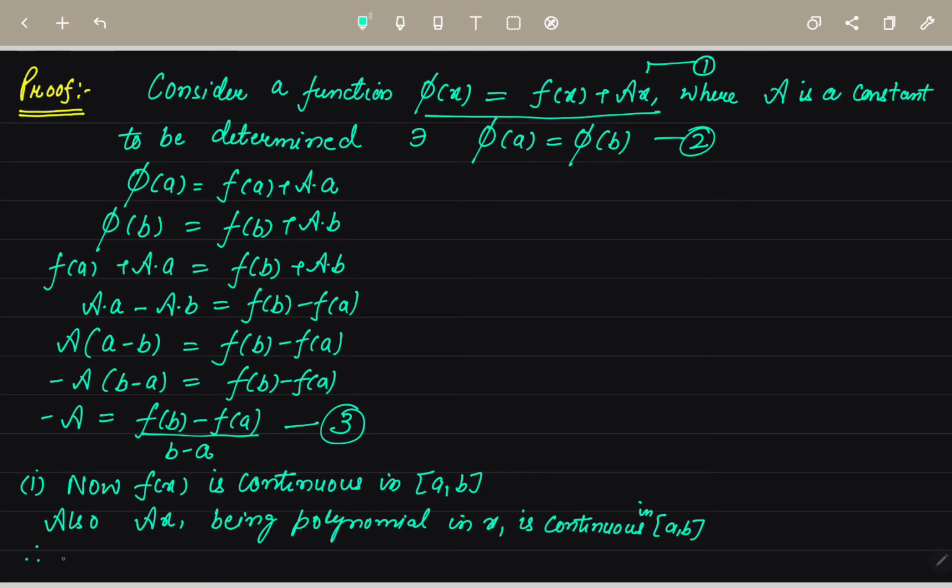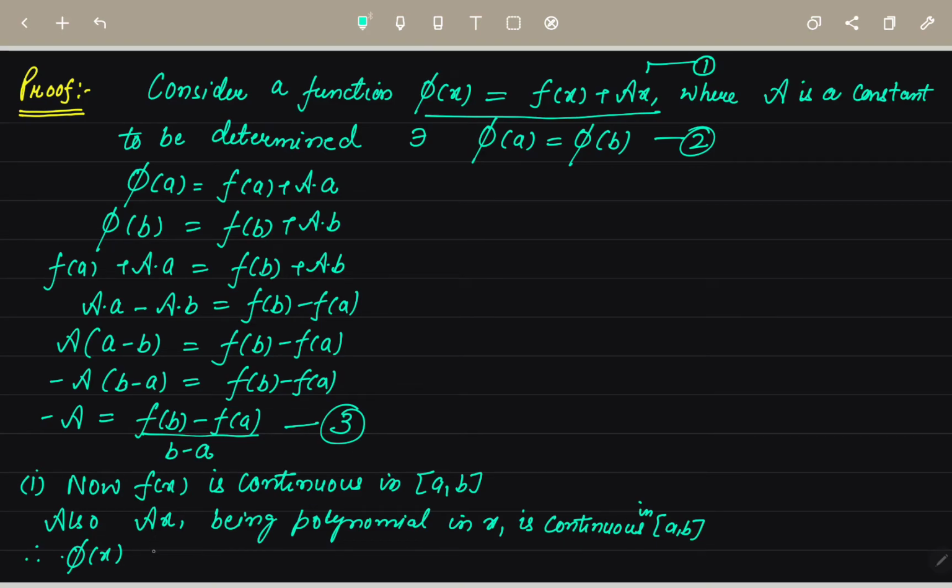So therefore this phi x is the sum of two functions. This means if f(x) is continuous, then the other function is also continuous, and we know that the sum of two continuous functions is again continuous in that closed interval.